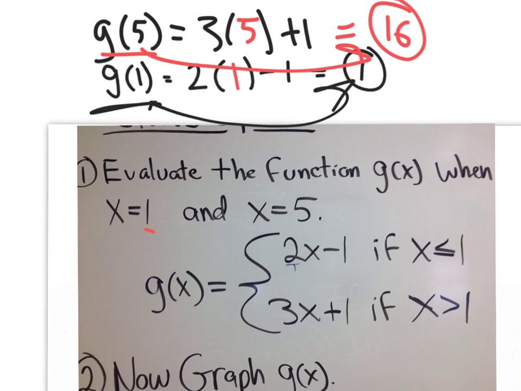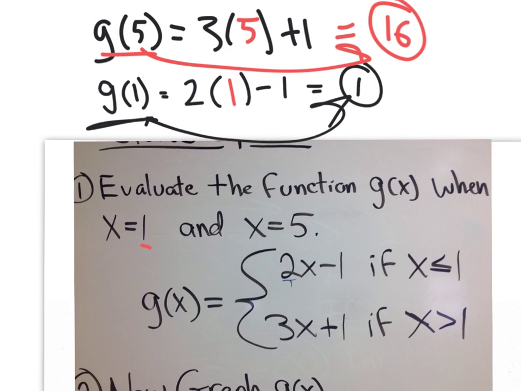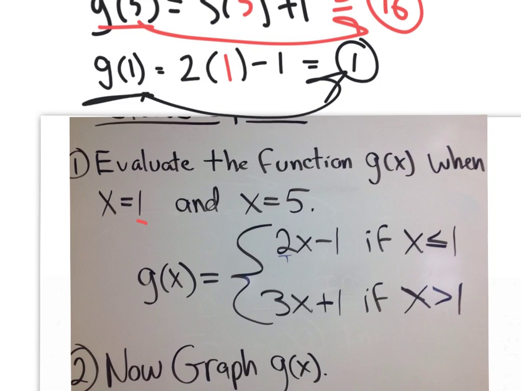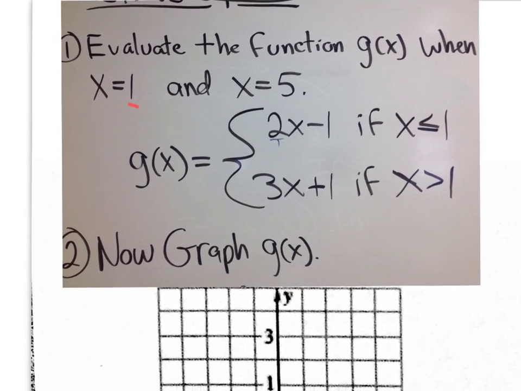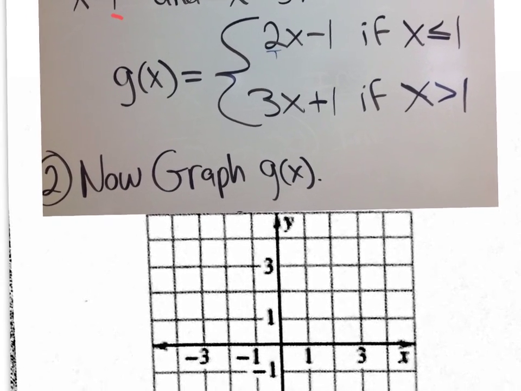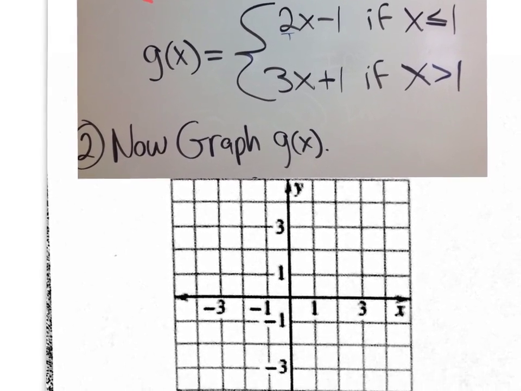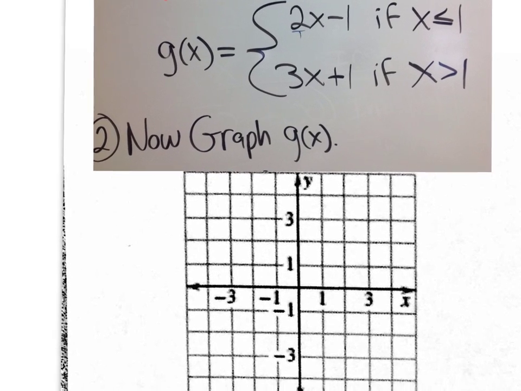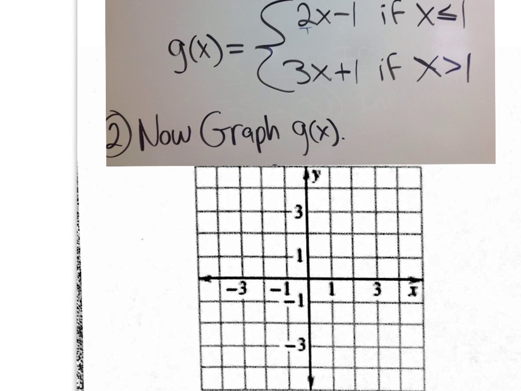Anyhow, the more interesting part would be to graph this piecewise function. So we need to understand that the g of x function is composed of two linear functions, so it's kind of like if we're going to graph two lines. So the first line, we're going to look at it as y equals mx plus b from Algebra 1, right?